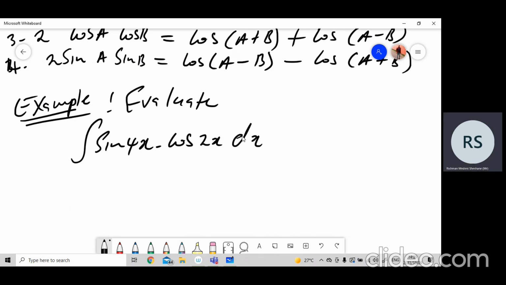We want to integrate the product of sine of 4x and cos of 2x. So we don't have a standard form, and even the angles are not the same.